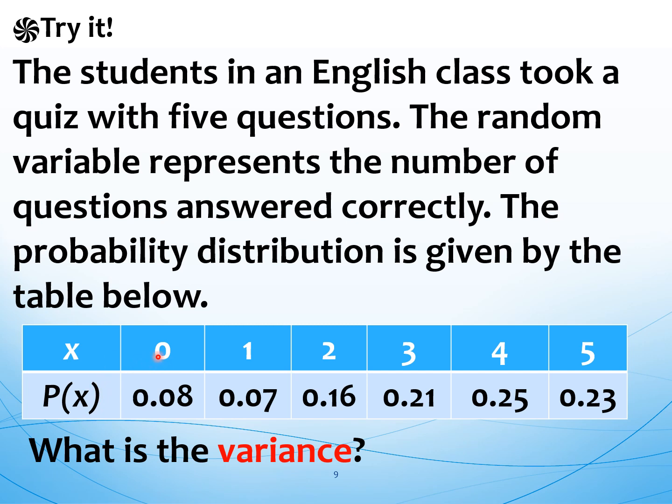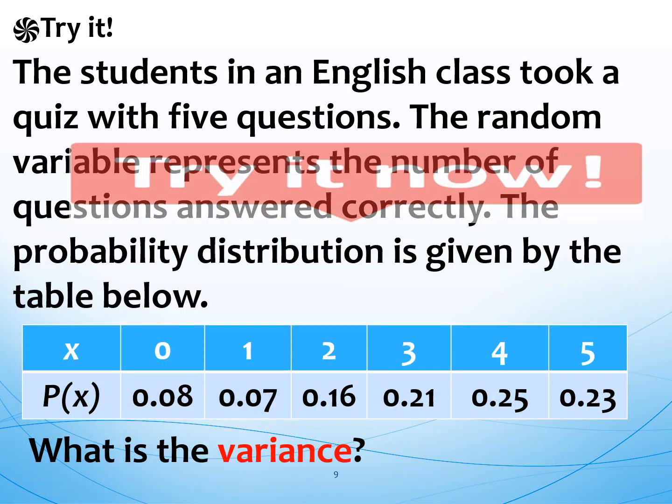Our x values are 0, 1, 2, 3, 4, 5, and the corresponding probabilities are 0.08, 0.07, 0.16, 0.21, 0.25, and 0.20. The question is, what is the variance? Using the previous example, formulas, and steps, we can calculate the variance of this problem. Okay, you can calculate now. Once you finish calculating the variance, this is the solution.